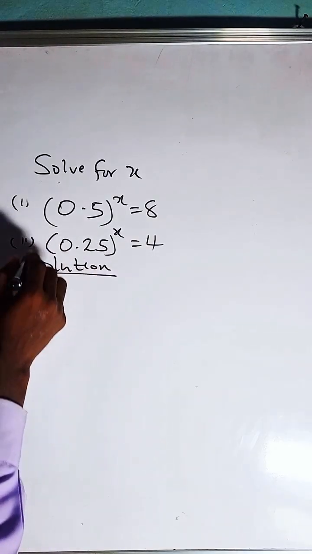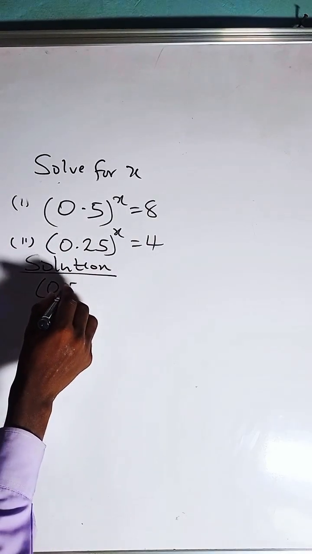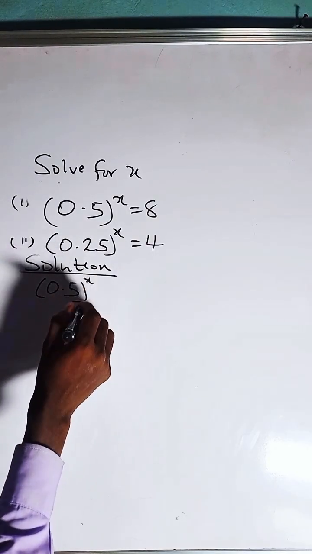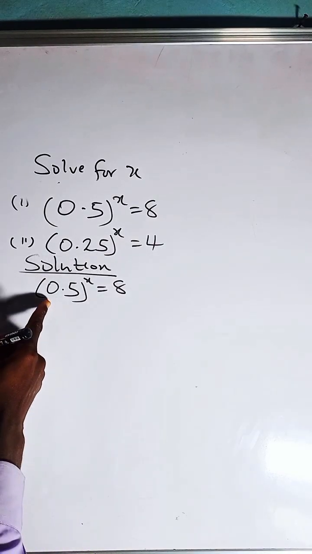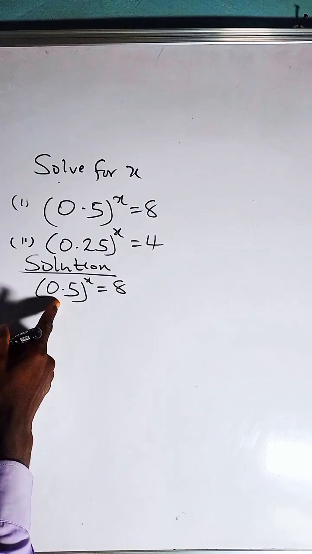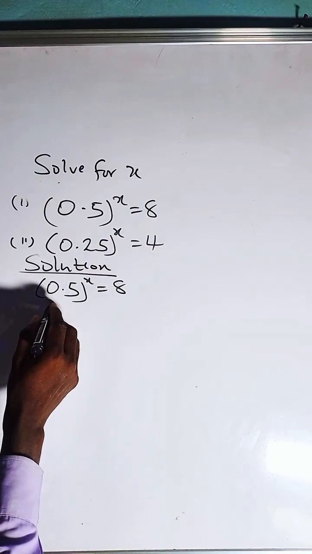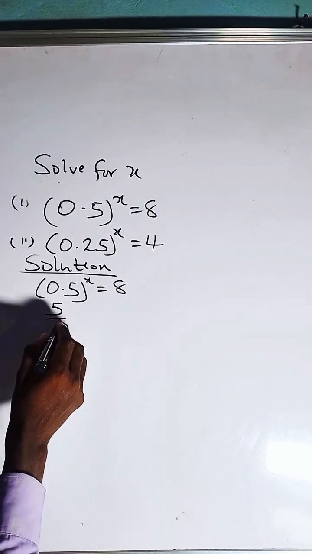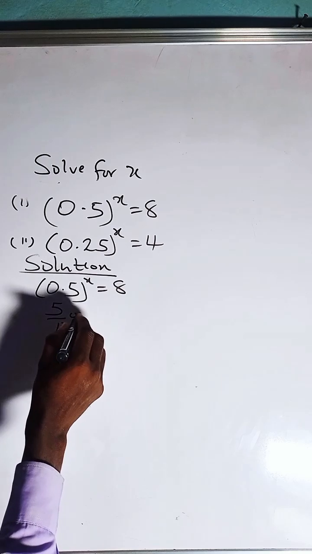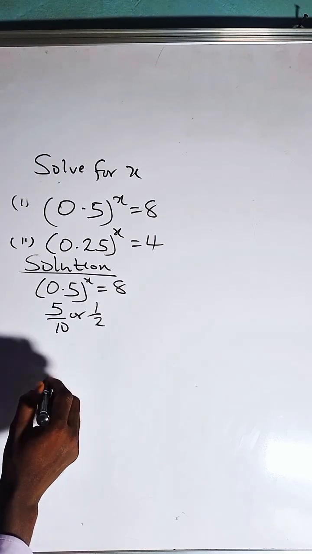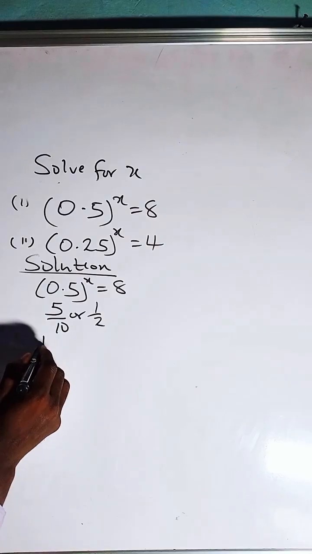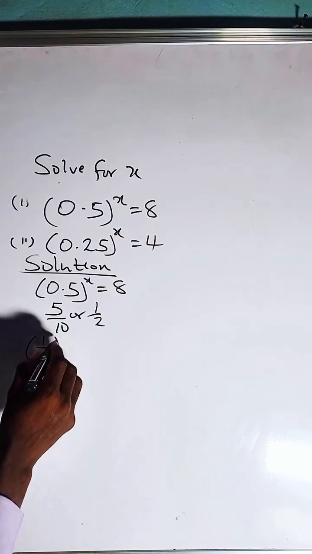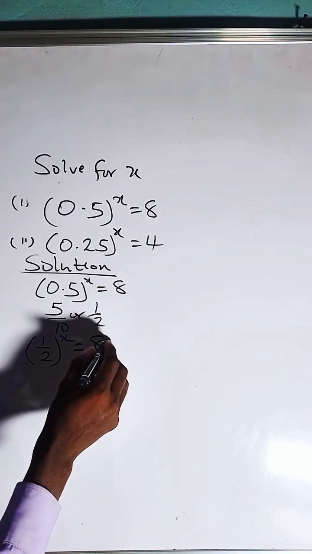For 0.5 to the power x equals 8, let us convert 0.5 to a fraction. We have 5 over 10, or 1 over 2. So we replace 0.5 with 1 over 2, and we have 1 over 2 raised to the power x equals 8.